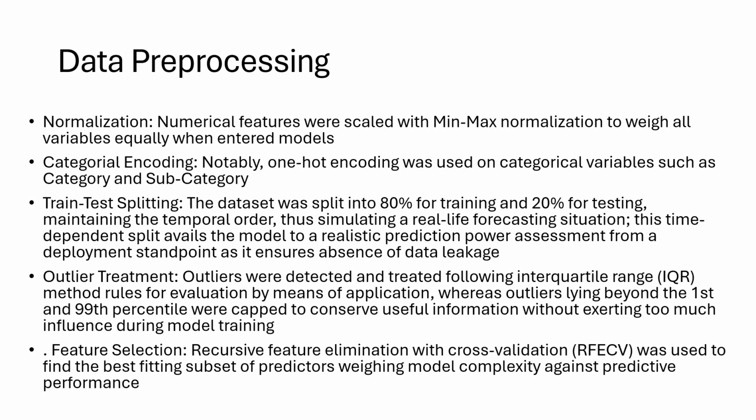Then test splitting: the dataset was split into 80% for training and 20% for testing. Outlier treatment: outliers were detected and treated following the interquartile range method. Feature selection: recursive feature elimination with cross-validation was used to find the best fitting subset of predictors, weighing model complexity against predictive performance.